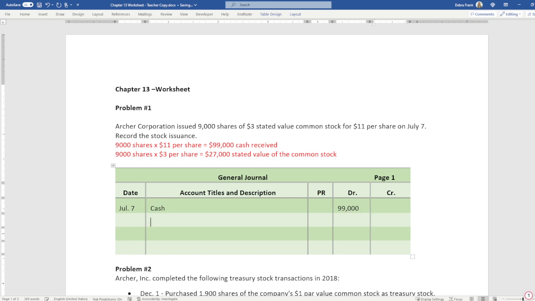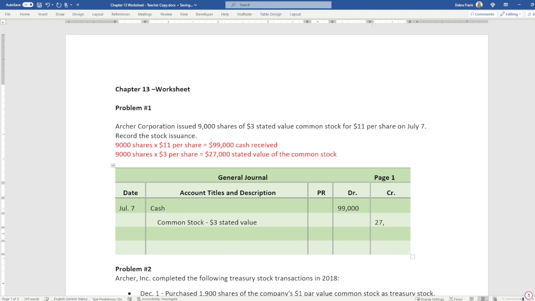That's easy enough. And then now we have the common stock at $3. So let's write that down as just a reminder. And that was the $27,000.